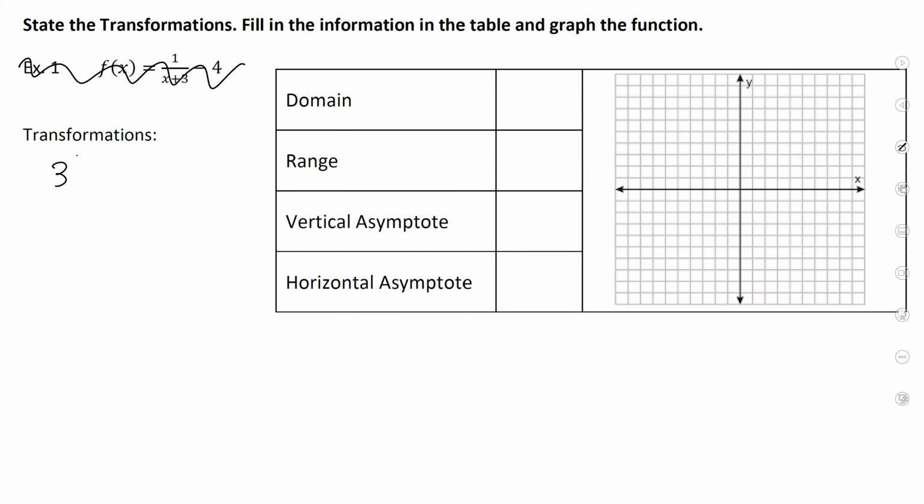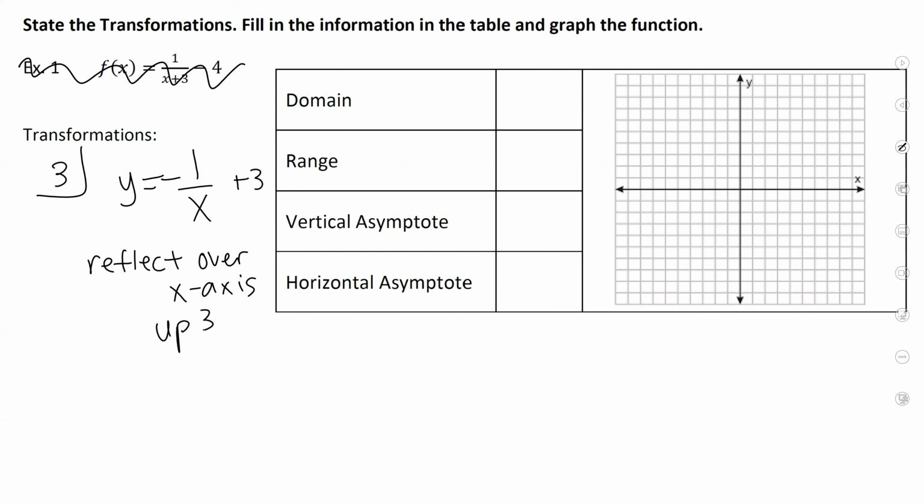Y'all's number 3 looks like this. y equals negative 1 over x plus 3. What does the negative do? Yes, so the negative makes this a reflection. It'll reflect over the x-axis. Did it move left or right? No, but it did go up 3.